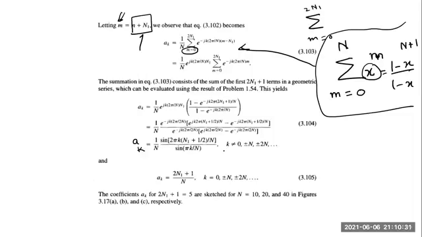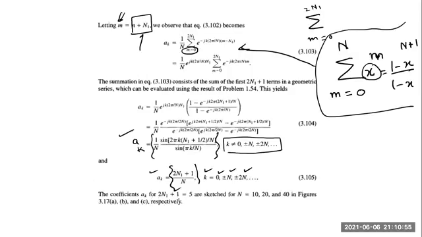If k is not equal to 0, plus or minus N, plus or minus 2N, then the Fourier coefficients will be equal to this. But when k is equal to 0, plus or minus N, plus or minus 2N, then the Fourier coefficients will be equal to this.